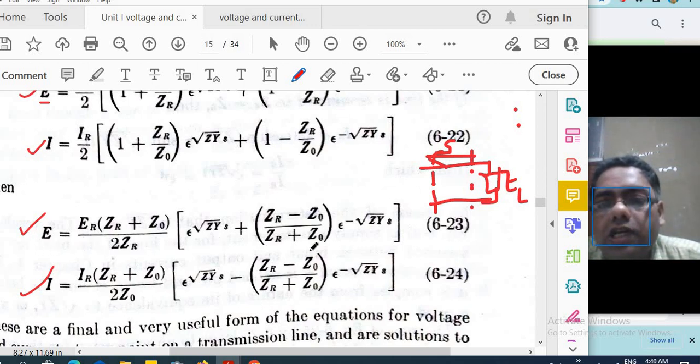One part represents the reflected wave and the other represents the incident wave.